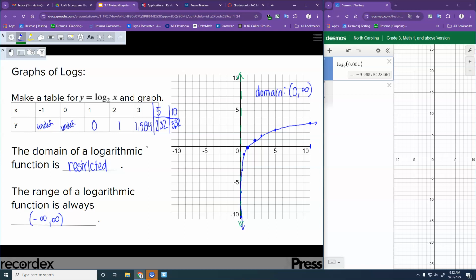So would it make sense for logs and exponentials that the domain and range would switch, which is pretty much what's happened here? For a log, your domain is always restricted. Your range is always negative infinity to infinity. For exponential, it's the opposite way around. Domain is always negative infinity to infinity. Your range is restricted. So that should make sense why that happens.